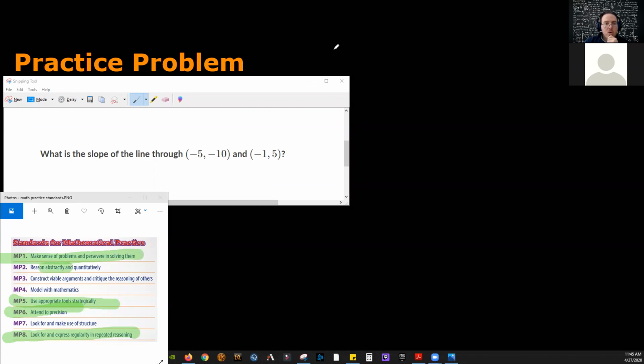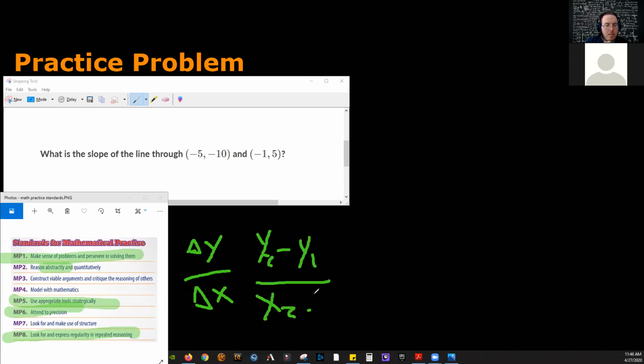So we're finding the change in y over the change in x, which means you're doing y2 minus y1 over x2 minus x1. That's the ending minus the beginning. And our values are here.